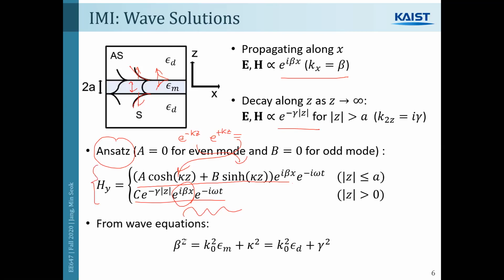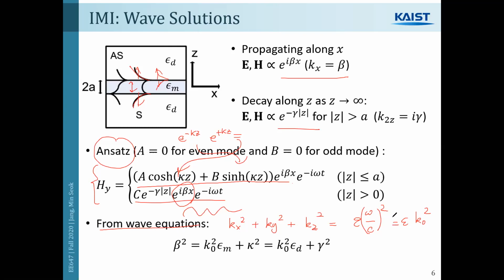Right? And then from the wave equation, we know that kx squared plus ky squared plus kz squared is epsilon omega over c squared, which is epsilon k0 squared.